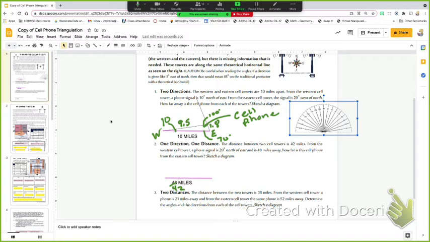So again, I'm going to do my work off to the side. So I'm going to redraw this, and then I'm going to come back and draw it to scale. So here's the western tower. Here's the eastern tower. They're 42 miles apart.